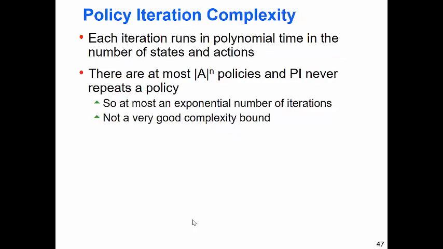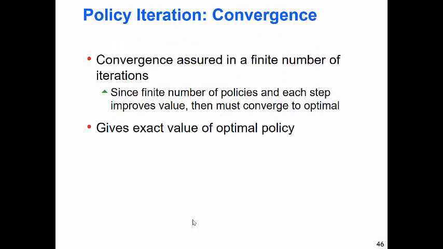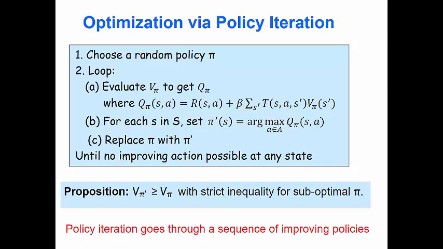So we can talk about the complexity of this. If we think about what's going on here, each iteration, what does it have to do? Well, it's first got to evaluate v pi. What is the computational complexity of evaluating pi, to get v pi?